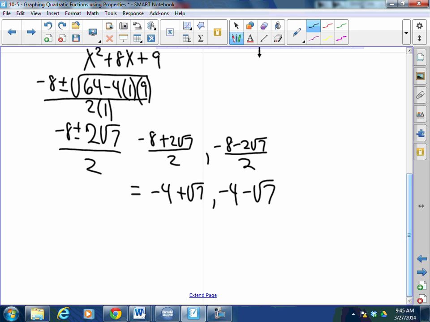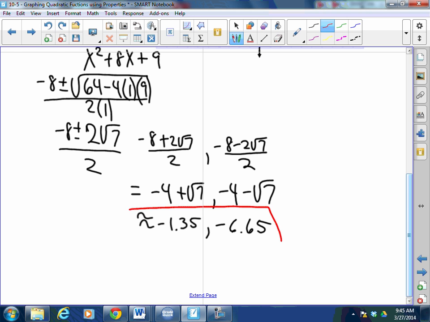Now, guys, let's find the values. We got negative 4 plus the square root of 7, which would give us about negative 1.35, comma, negative 4 minus square root of 7 gives us negative 6.65.